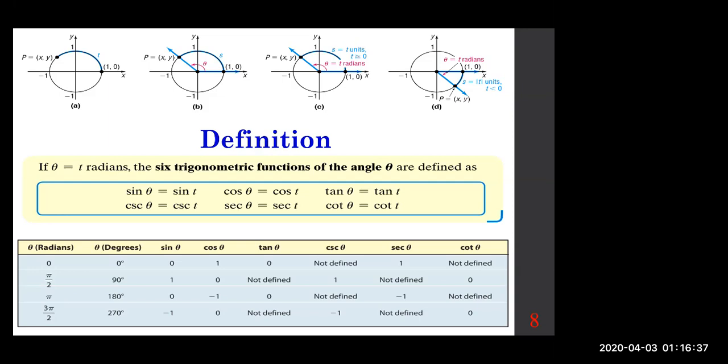This definition, in essence, is being repeated, sine theta or sine t. So I don't want to dwell on this and spend too much time on that. Theta represents an angle and t represents an arc, and they correspond to each other as far as the bottom table is concerned.